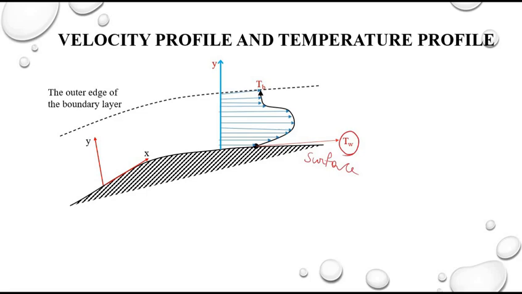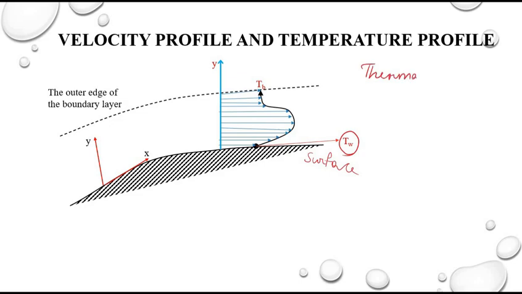Okay. Now, why is this temperature rising? There are two reasons that there is a change in temperature inside a boundary layer, and those two mechanisms are thermal conduction and frictional dissipation.